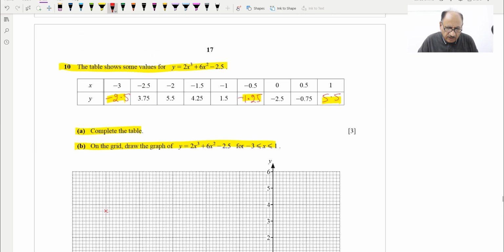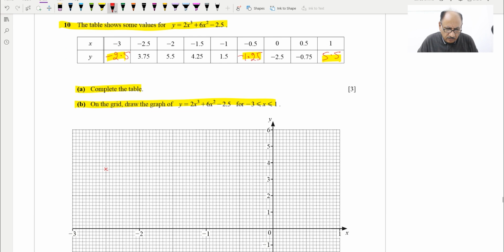And then the third value is -2 and 5.5. -2 and 5.5 will be roughly over here. And then next is -1.5 and 4.25. 4.25 will be roughly over here.